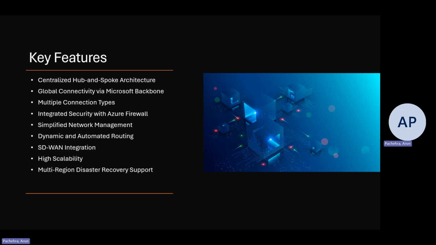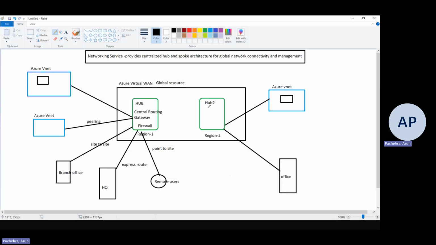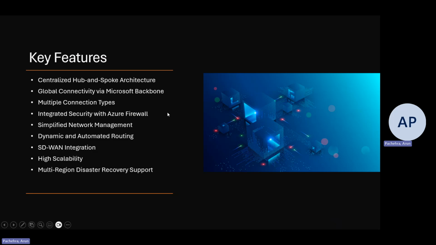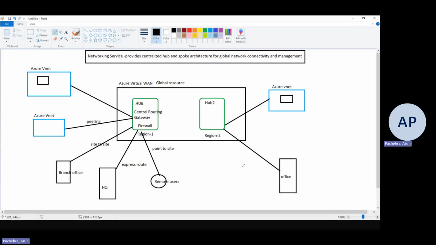Just think about it. In the same situation, maybe region 2 is your disaster recovery, and you would like to have the DR landing zone in place, and they can talk to each other or replicate like that. So it helps in disaster recovery as well. So if we just need to summarize, Azure Virtual WAN provides a comprehensive networking solution. Okay, let me put the diagram above. A comprehensive networking solution that simplifies connectivity, enhances security, and ensures performance across the global enterprise.